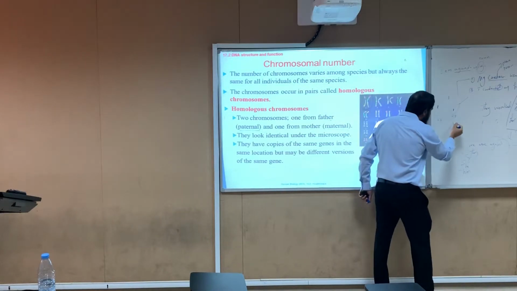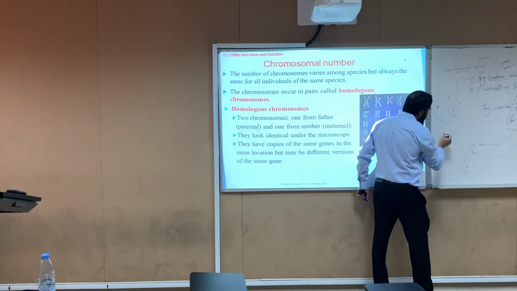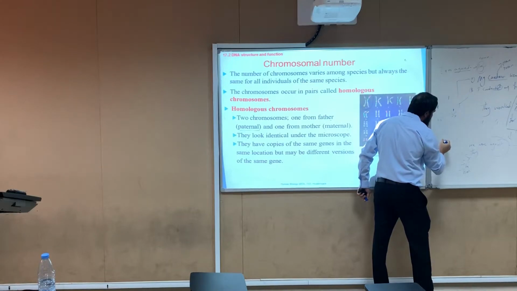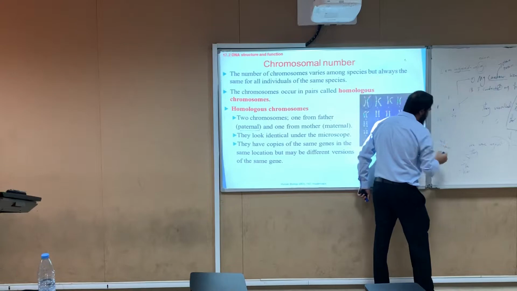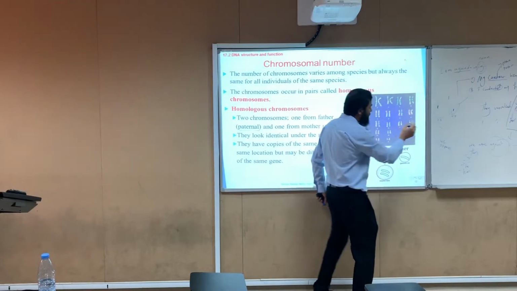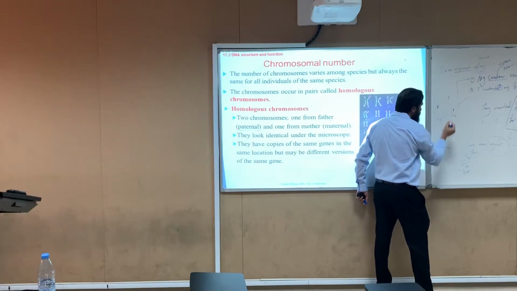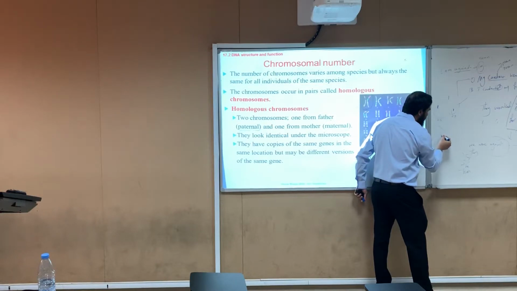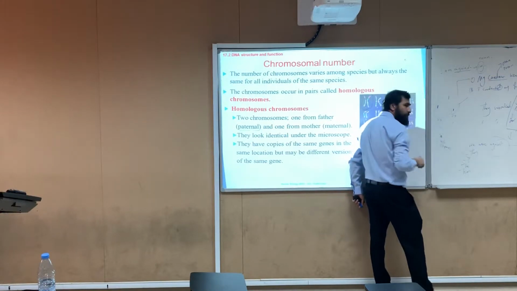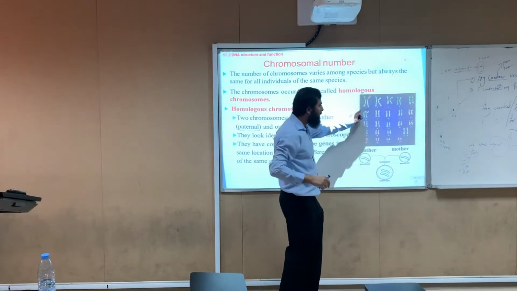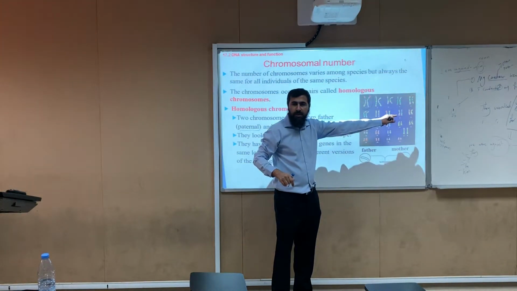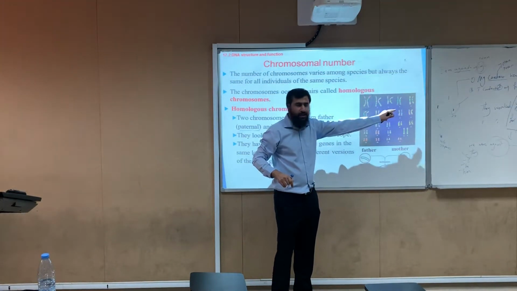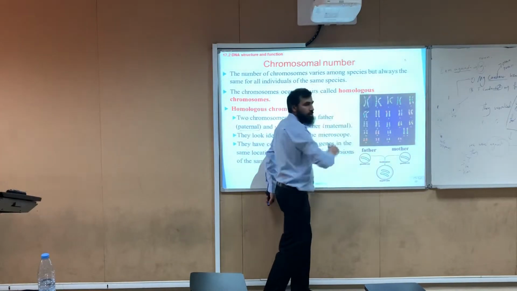When these join together, it's fertilized. You get the zygote. You get 46, or 23 pairs. So that chromosome number 1 and that one join together to form a pair. So that pair came from the mother and the father. That's why they are called homologous chromosomes.